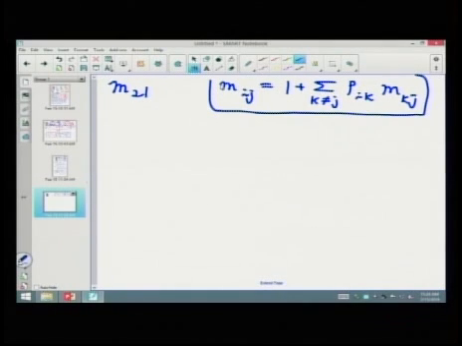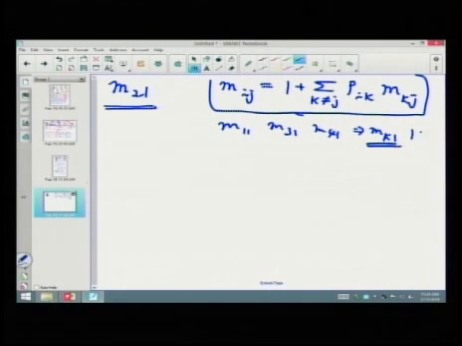To compute m sub ij, m sub 2,1 in this case, from this equation requires that we also compute m sub 1,1, m sub 3,1, and m sub 4,1. So in this case, m sub k1. Okay, that's how we are going to compute.